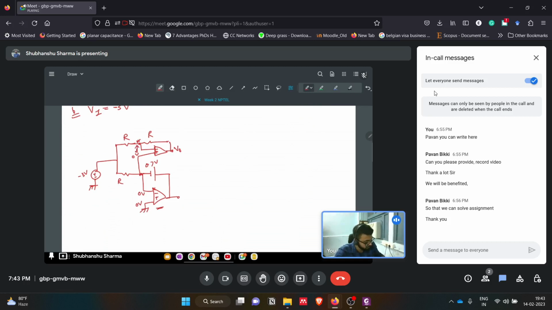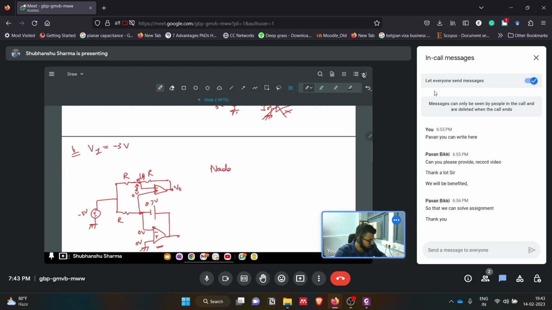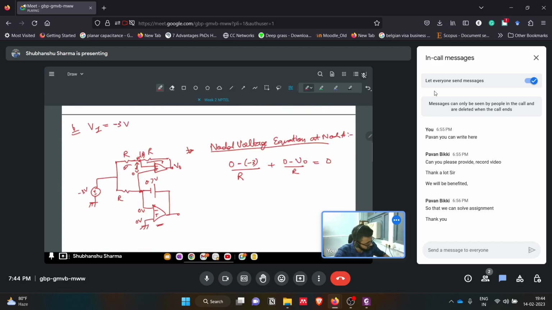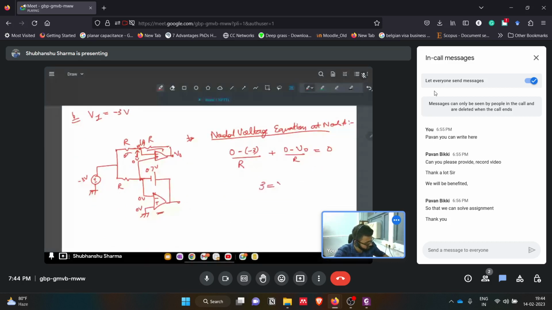We have 0 volt here, so we can use a nodal voltage equation at node A. It will be 0 minus minus 3 divided by R, plus 0 minus V naught divided by R, equals 0. So we have 3 equals V naught, 3 volts.